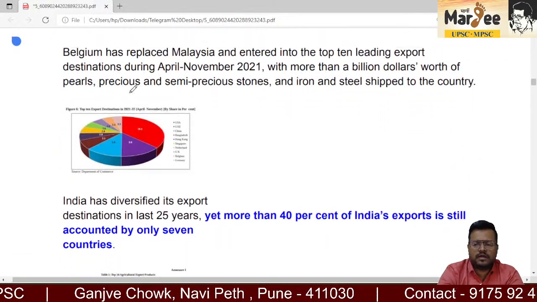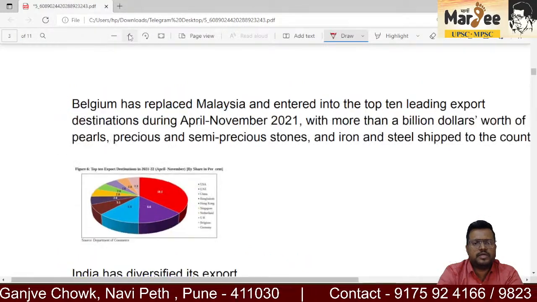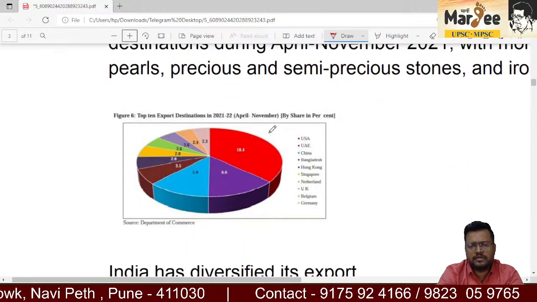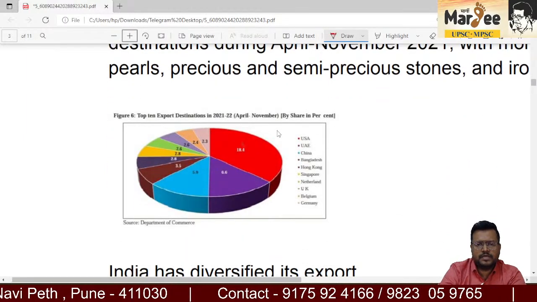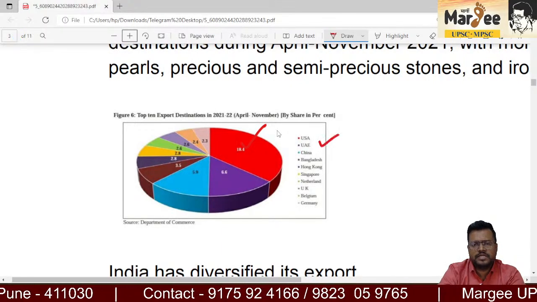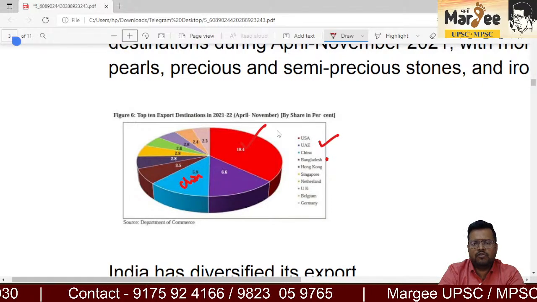These graph show what are the top 10 export destination for India. As I said earlier, USA is the topmost export destination for us. Then second is UAE, third is China, fourth is Bangladesh.